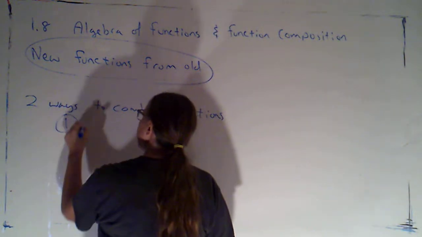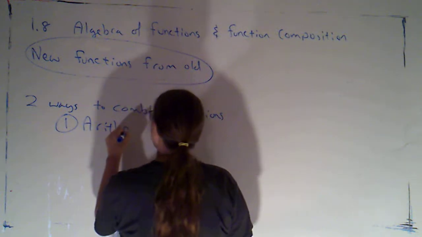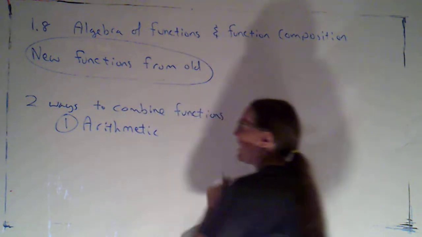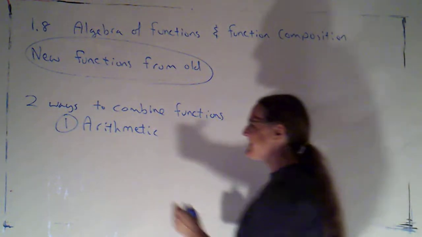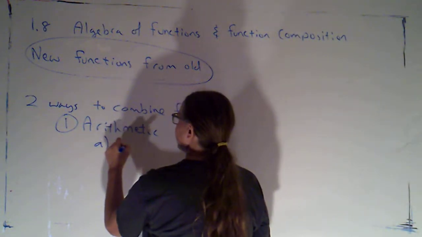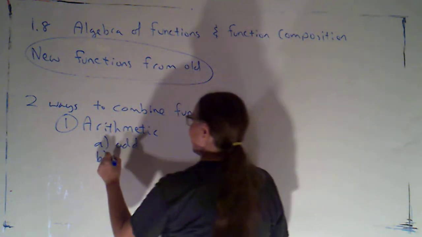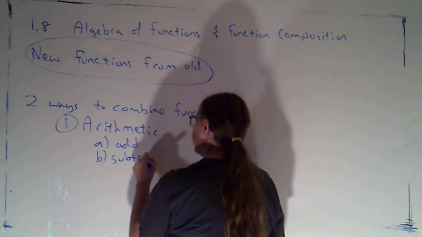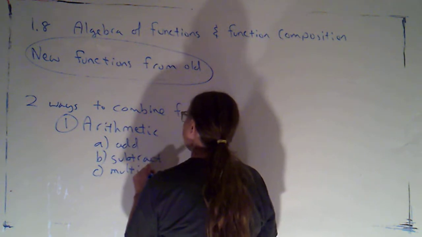The first way is to use our arithmetic operations. And that, of course, is going to have four sub-methods because there are four arithmetic operations. I can add, so we're going to be adding functions. I can subtract, so we'll subtract functions. I can multiply functions.